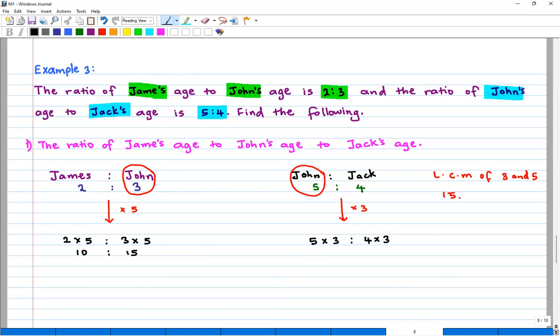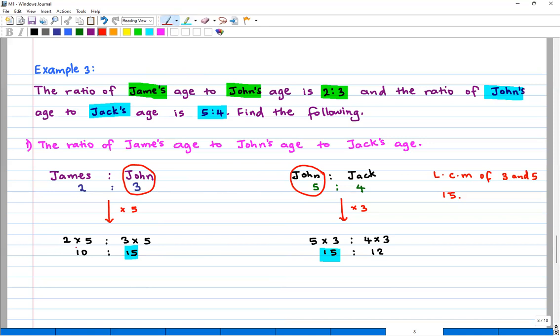You get that? And we know that 5 times 3 is 15, and 4 times 3 is 12. Okay, now you see that we are getting 15 and 15.